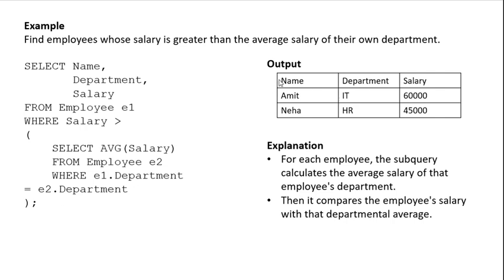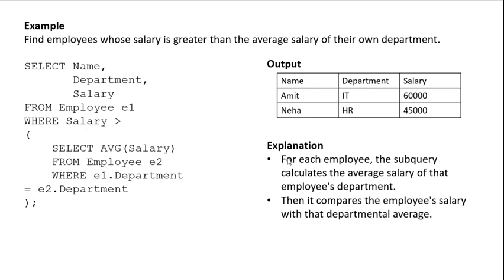So the output is name, department, and salary. First it finds the average salary, and then shows those greater than the average. Amit is in the IT department with a 60,000 salary, and Neha is in the HR department with a 45,000 salary.